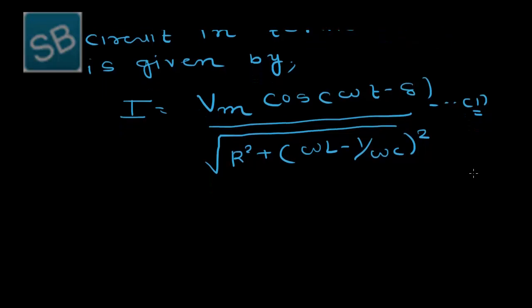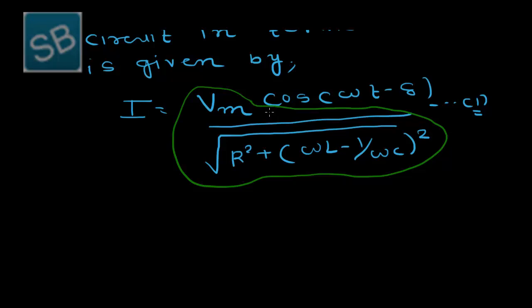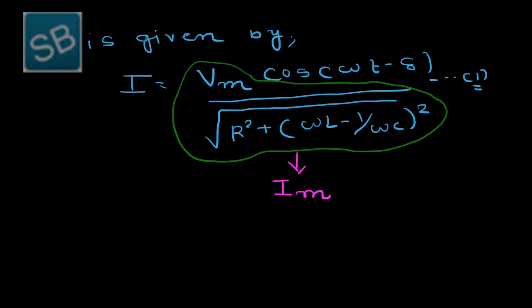Now I am starting my analysis in this way: I am considering Vm over under root of R square plus (omega L minus 1 over omega C) whole square as Im, the maximum value of current. So my equation 1 has now been reduced to I is equal to Im cos(omega t minus delta).